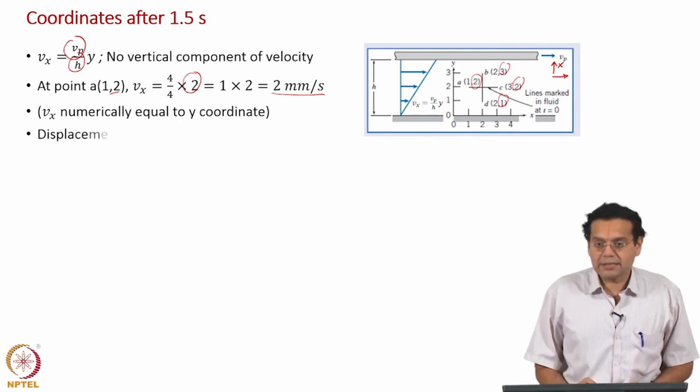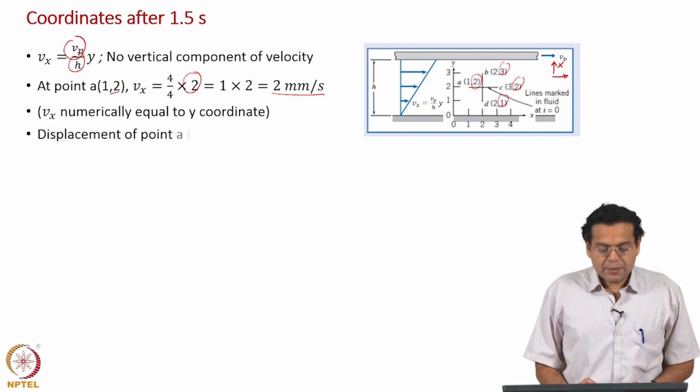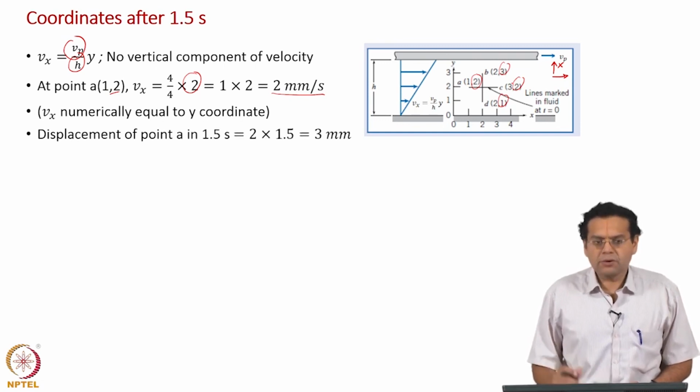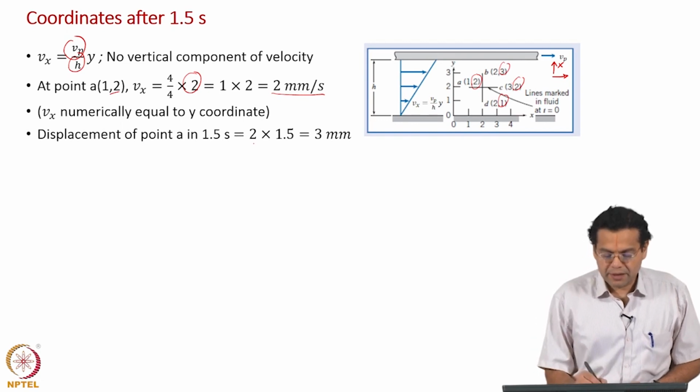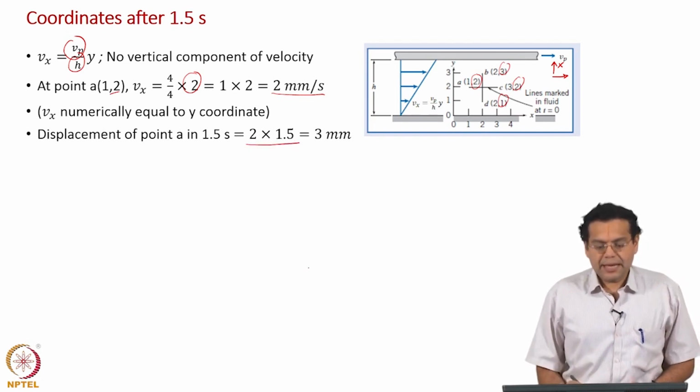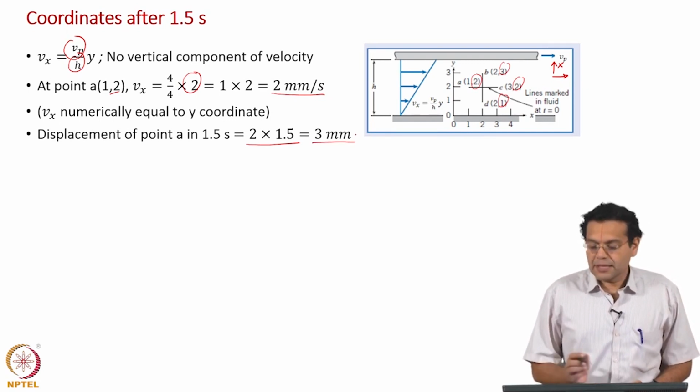Now, as I said, we will have to find the displacement of point A in 1.5 seconds, which is the velocity into the time. So, 3 millimeter is the displacement, and that displacement happens in the x direction.